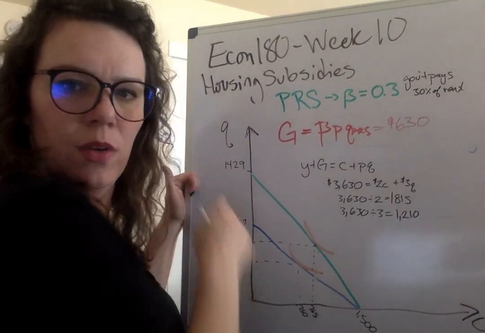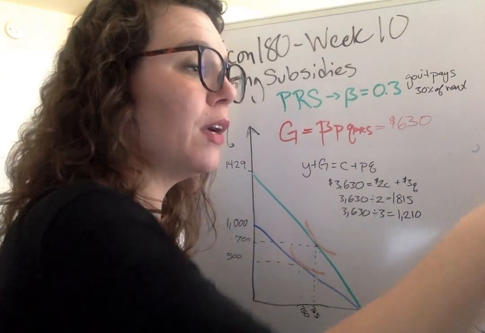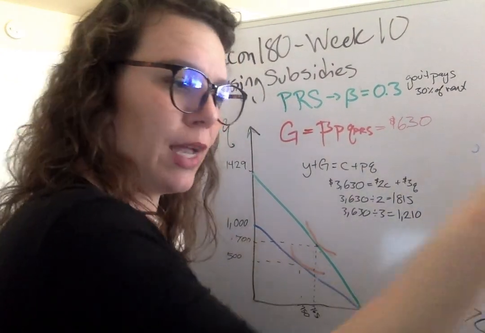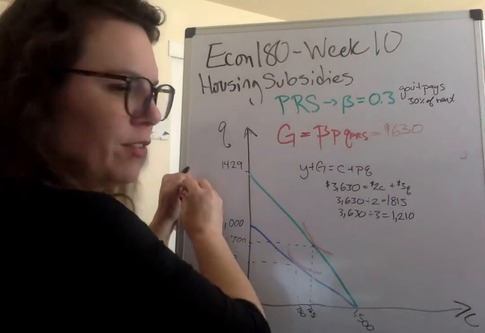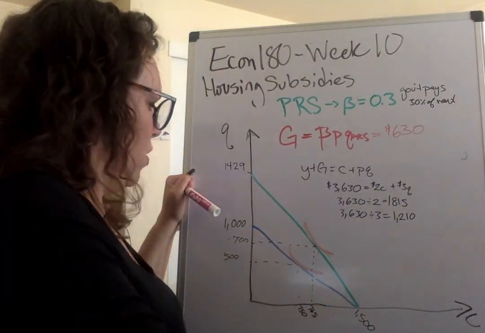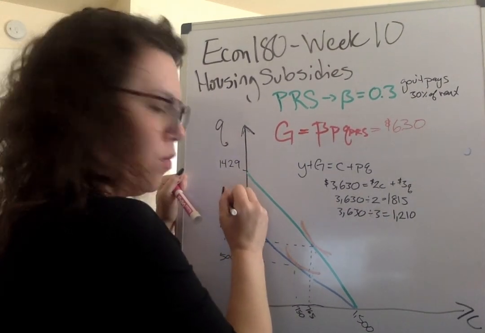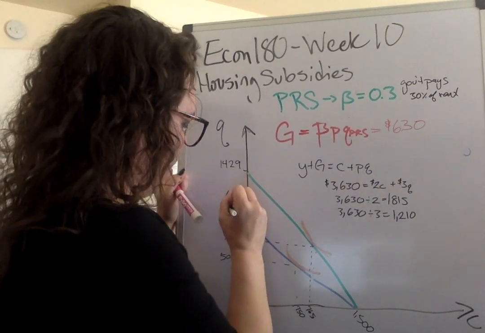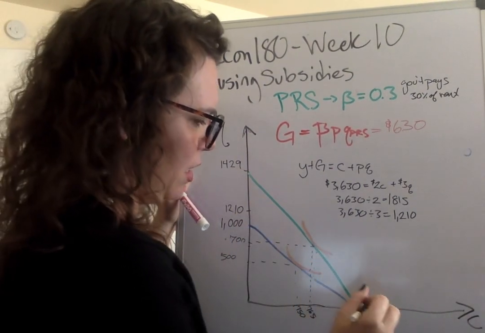So we'll have a new budget constraint with a new color because that's the kind of person I am. If you didn't know that, you've not been paying attention. The endpoints for this are going to be 1,210 here and 1815 here.